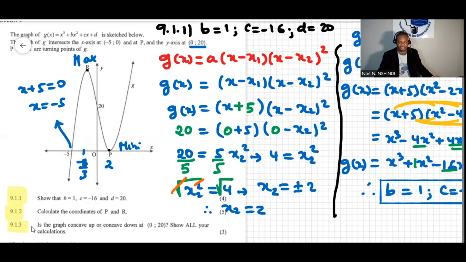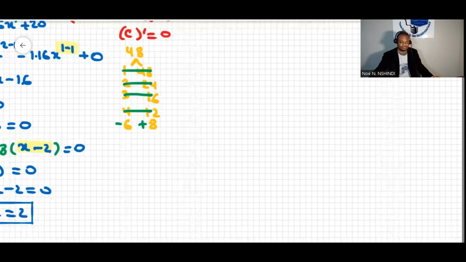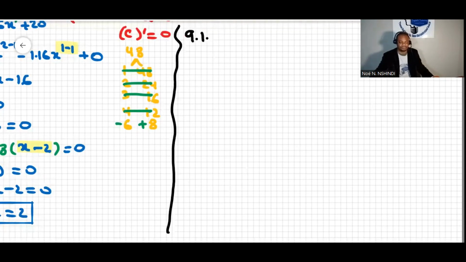Now let's show calculations. To determine whether the graph is concave up or down, we look at the second derivative at that specific point: if it is positive, then it's concave up. If it is negative, then it's concave down.